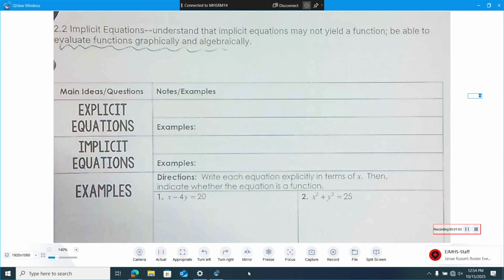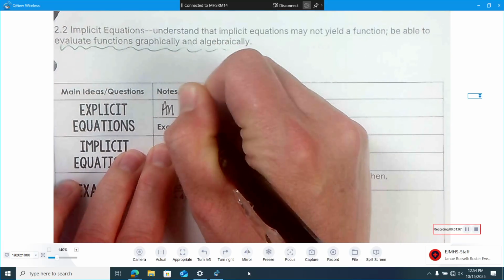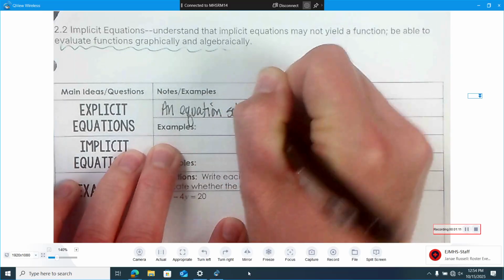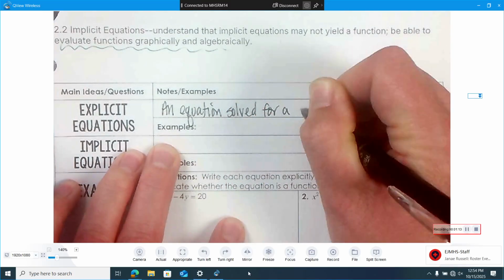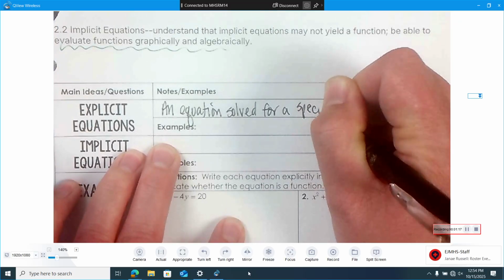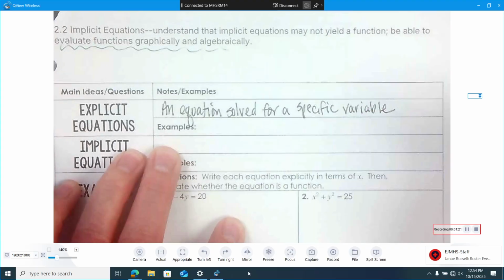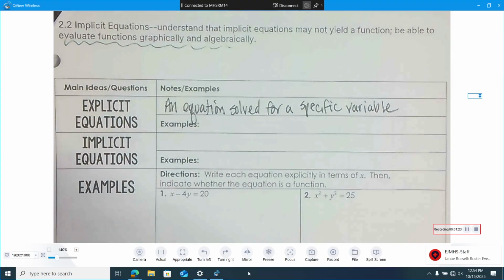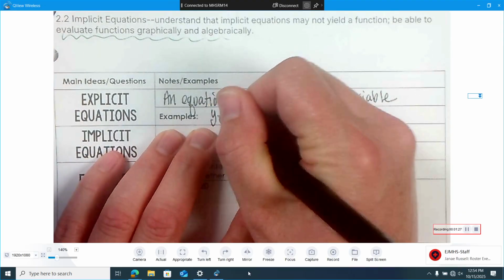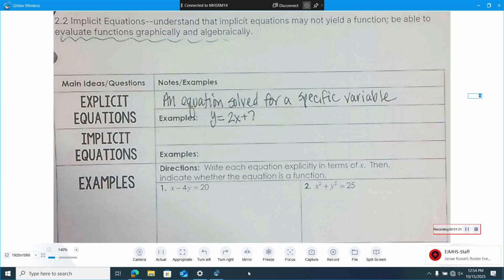So an explicit equation is an equation solved for a specific variable. S-P-E-C-I-F-I-C, specific variable. They're very easy to identify because they're all going to say something like y equals 2x plus 7. So that's an example of an explicit equation.